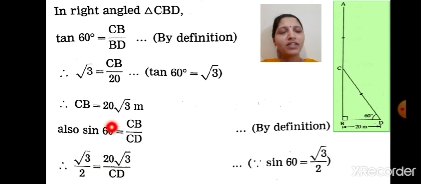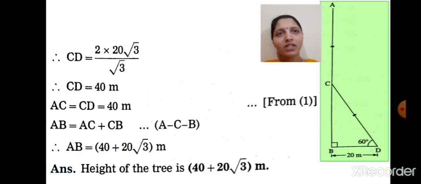So sin 60 is equal to CB, that is opposite side of theta, upon hypotenuse. Sin 60 value we know, it is root 3 upon 2. So substitute here root 3 upon 2 is equal to 20 root 3 upon CD. Simplify this, you will get CD is equal to 2 into 20 root 3 upon root 3, that is equal to 40 meters.